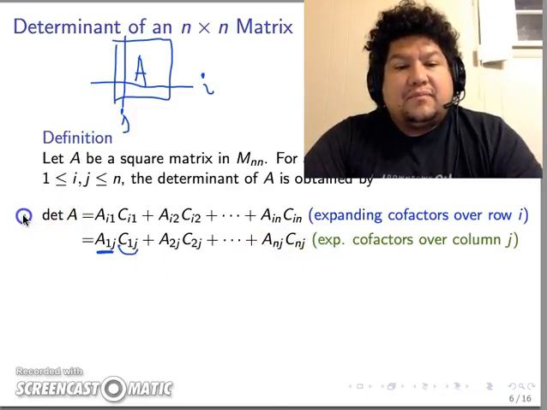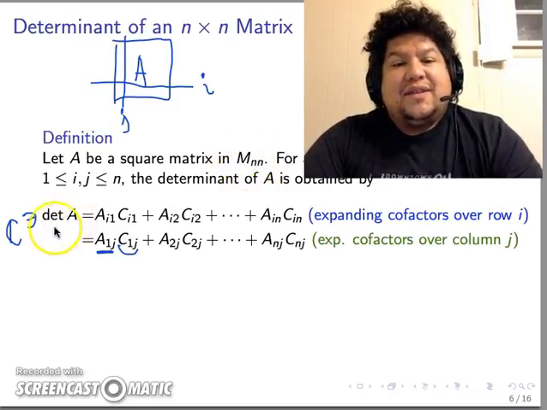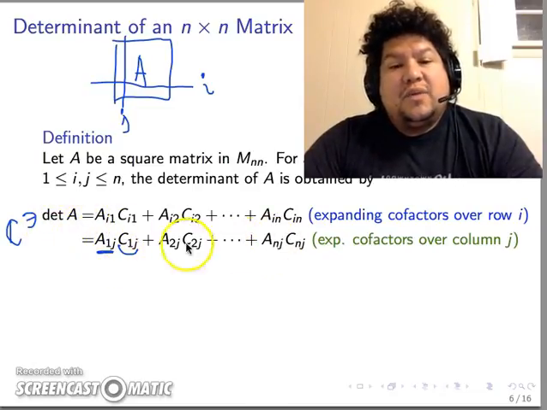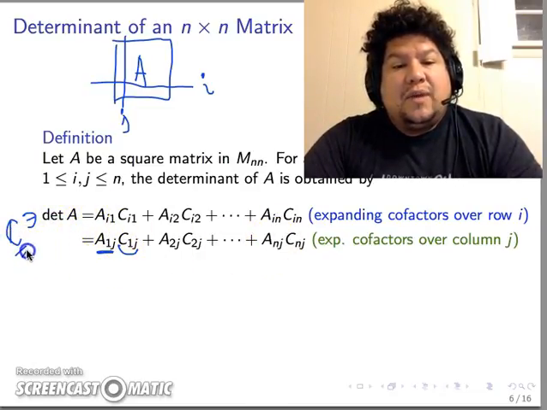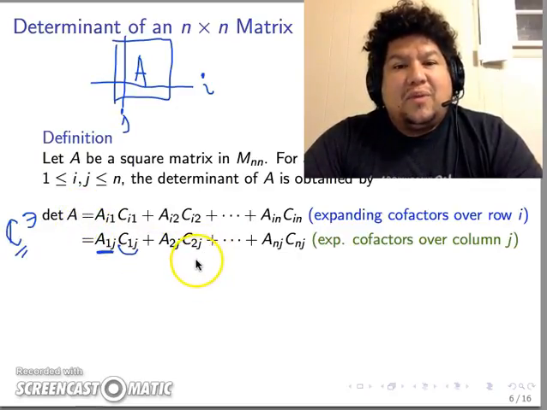We are here assuming that we're working with complex numbers as entries. This is the vector space of square matrices that have complex numbers as entries, and therefore this linear combination will also be a complex number. So the determinant of a matrix is here assumed to be a complex number.